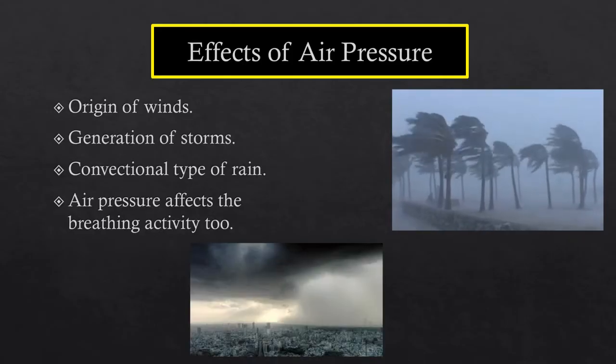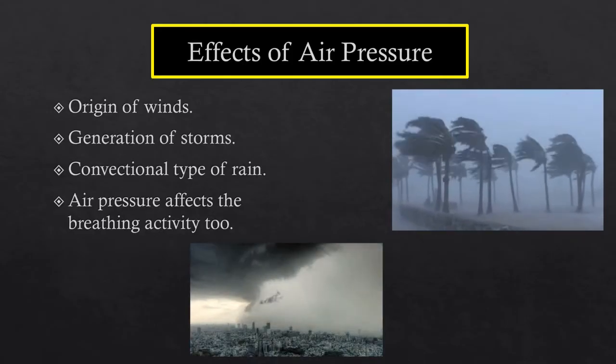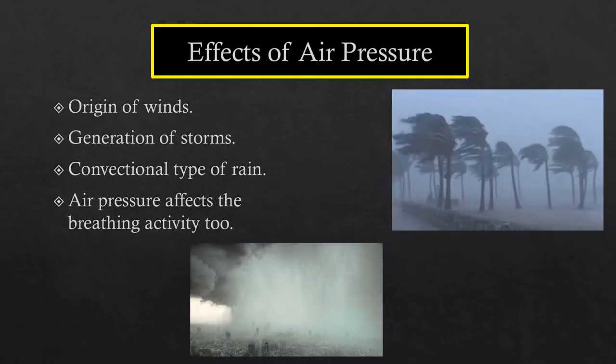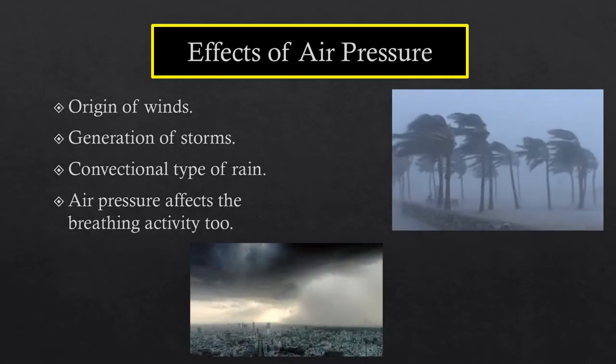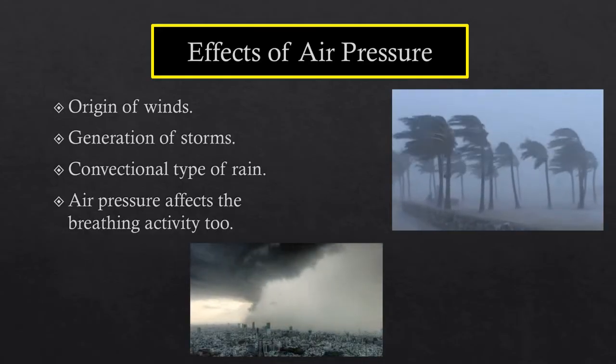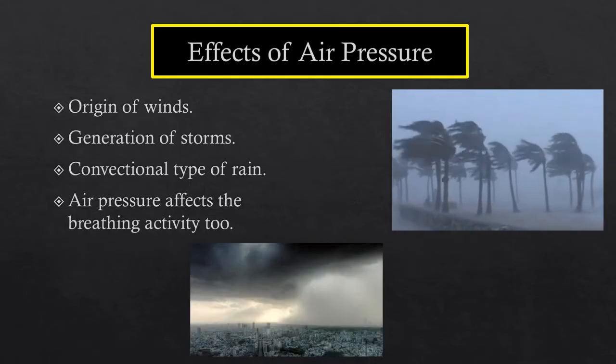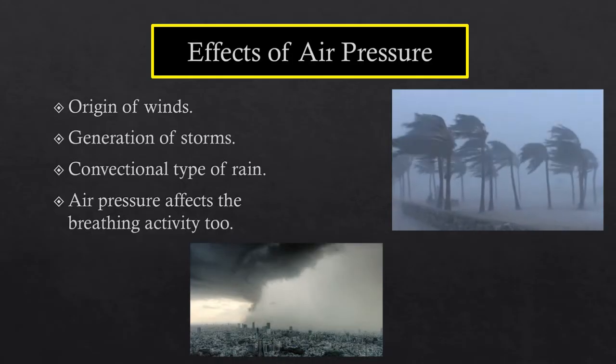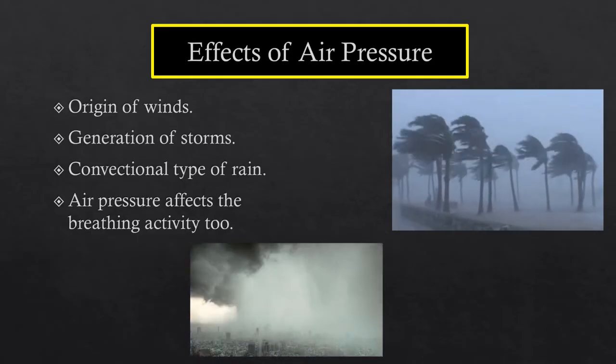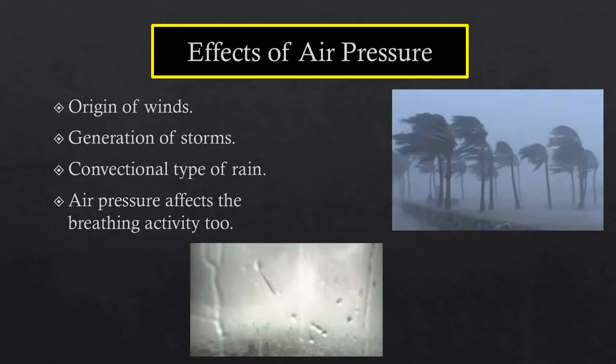Storms are created when a center of low pressure develops with a system of high pressure surrounding it. This combination of opposing forces can create winds and result in the formation of storm clouds.